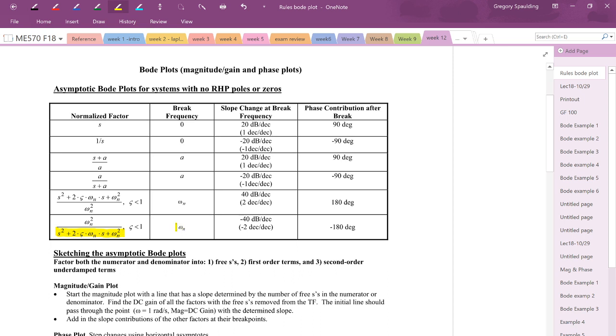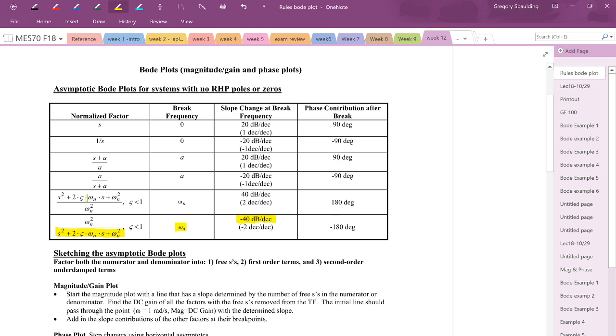Our break frequency is going to be omega n, so we take the square root of that, which is why I did that. In this case, we have a change in slope of minus 40 dB, because we've got 2 poles. Each pole contributes a minus 20 dB per decade, so 2 poles is a minus 40 dB per decade.